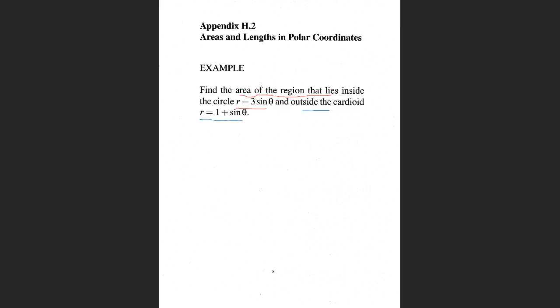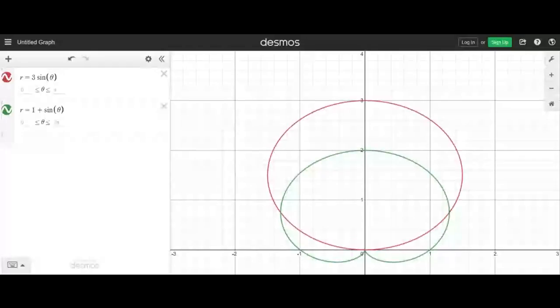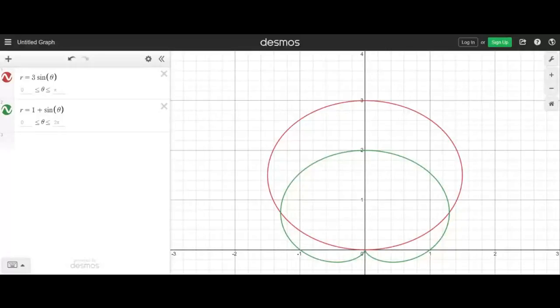Let me bring up the Desmos. I've already drawn them for you, but I'd like to have it as part of the recording. Who can see Desmos okay? Is it showing up all right? Good.